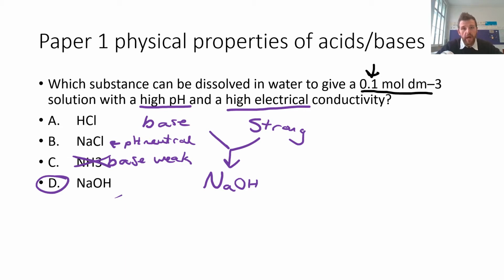So this would give you high electrical conductivity because it's ionic, but it's not going to have a high pH. And so another possible answer would have been this guy here. So this is going to have high electrical conductivity, but this is going to be a very low pH, and because of that, this guy's wrong.